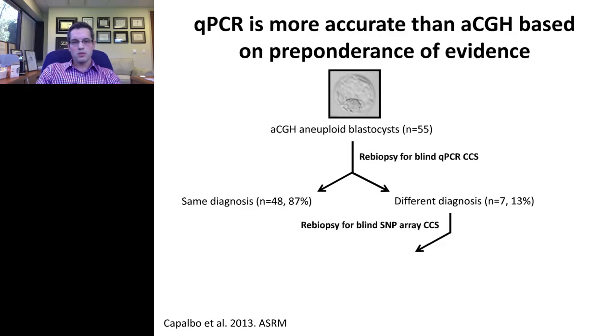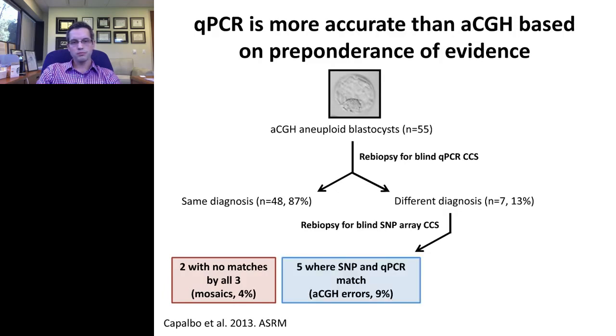We then took those 7 embryos and again rebiopsied and performed blinded SNP array-based comprehensive chromosome screening. We found 2 embryos in which all 3 methods didn't match, and this is actually evidence that those particular embryos were truly mosaic. But there were 5 embryos in which 2 of the 3 methods matched. In all 5 cases, the SNP array matched the qPCR, and therefore the aCGH was interpreted as having provided an error.